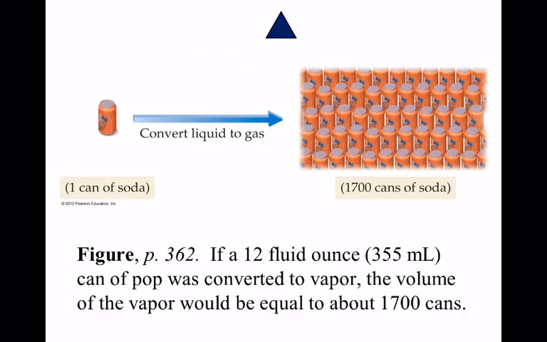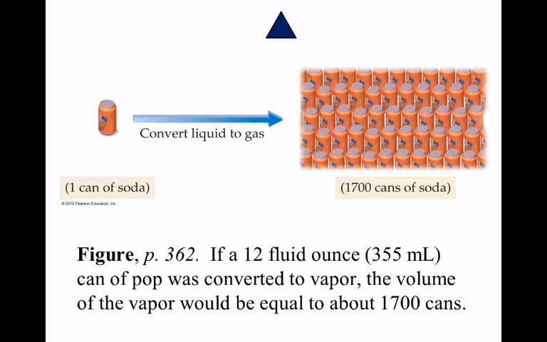So the way this works is we have cans of soda. If we were to take one can of soda and take it from its liquid state and vaporize it, now it's just sugar water, right? So we're going to end up with mostly water particles. We vaporize it. What that new volume as a gas would be equal to is 1,700 cans of soda.